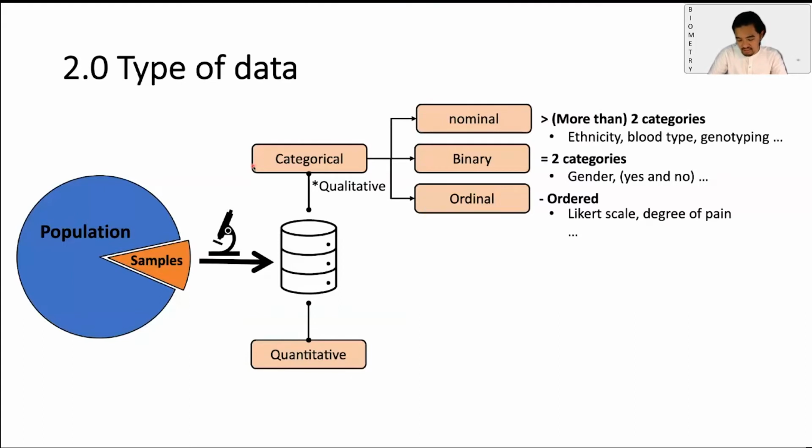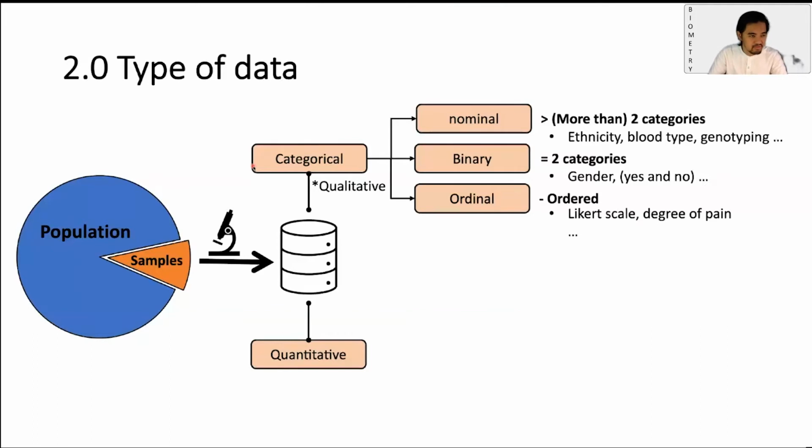In ordinal data, the data collected are arranged in order. For example, you're asking for feedback. The most common one is asking how you think about this particular subject. So the survey always asks from 1, 2, 3, 4, 5, and you put 5 as the most satisfied, okay? And then we have the degree of pain.